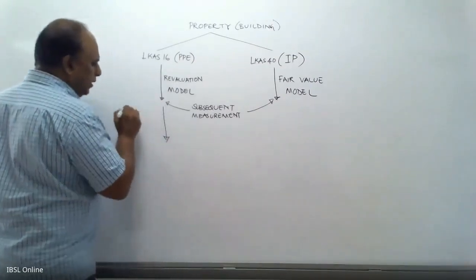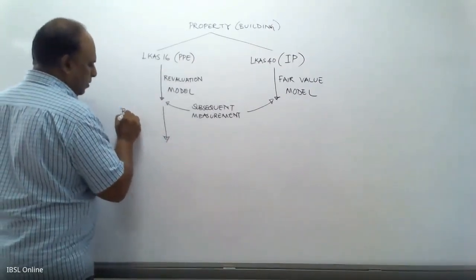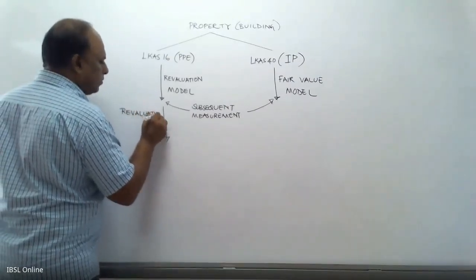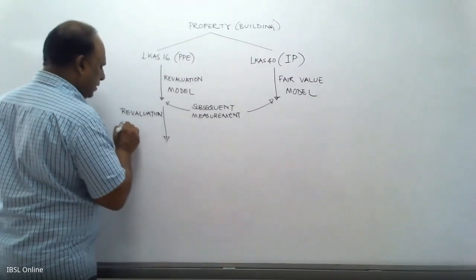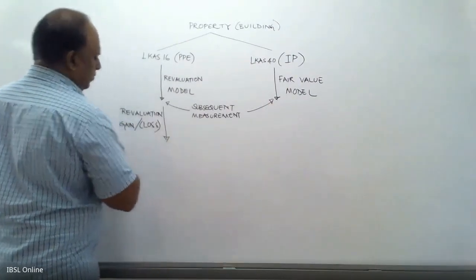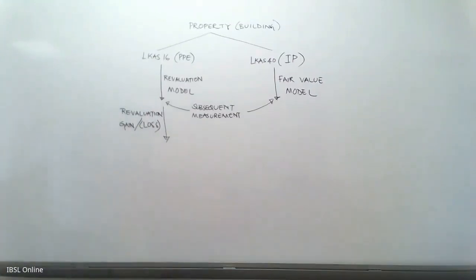Now, when you use the revaluation model, the resulting revaluation gain or loss. So you know, when you do a revaluation, there will be a gain or loss, like we did in the example of the 5 buildings. 3 buildings, the value went up, and 2 buildings, the value came down.